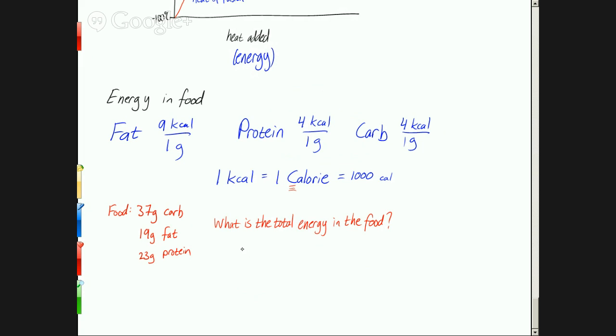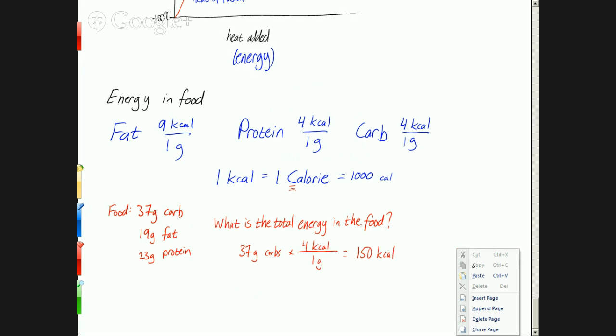So that's going to be 37 grams of carbs times 4 kilocalories per gram. And that gives us 150 kilocalories. And we can do the same for the others.